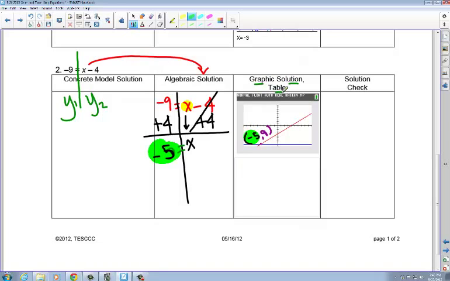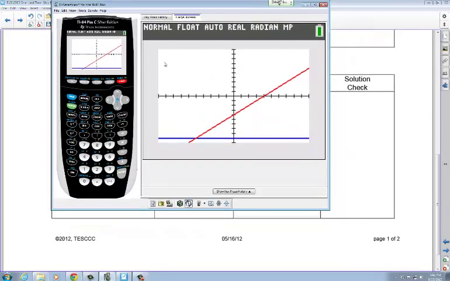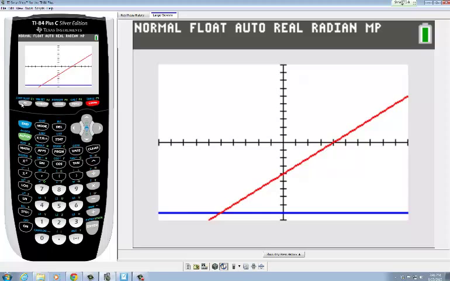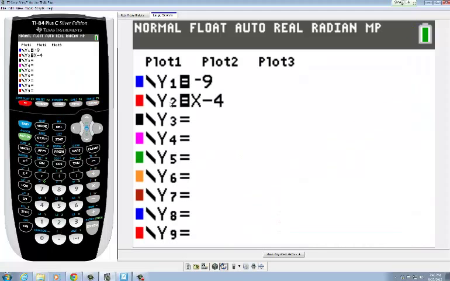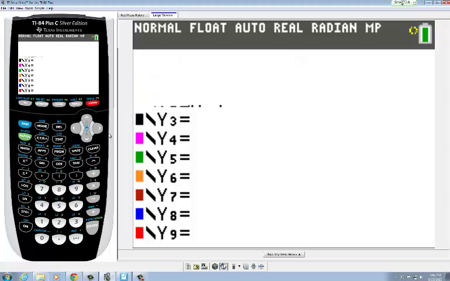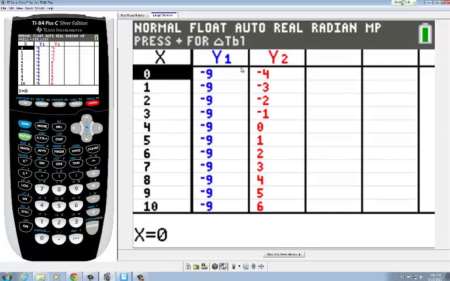Now for the third method, our table. We'll go to our calculator, and we already have our y1 and y2 in our calculator. So all we have to do is push second, graph, go to the table, and we're looking for where y1 and y2 are equal.